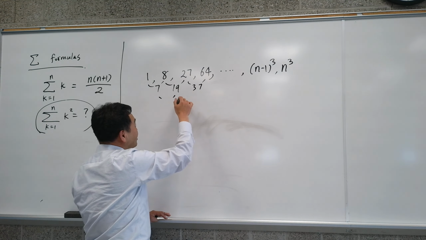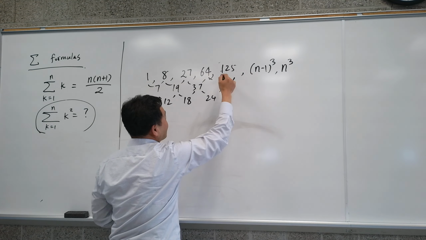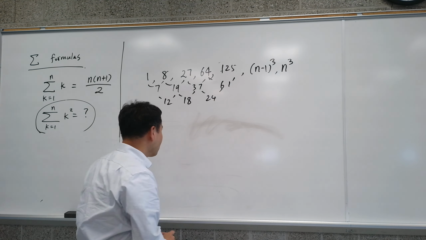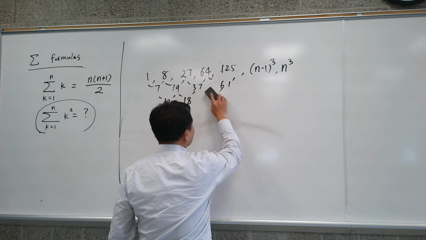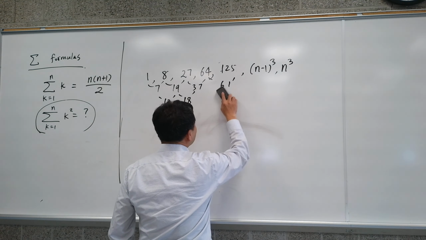So the next one is like 24. Then you get 61. And then you add 64 plus 61. The next one is 125, which is indeed 5 cubed. Okay. So there is a pattern that you can find, but that's not my point.